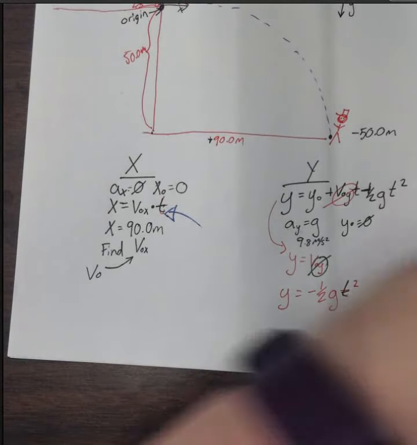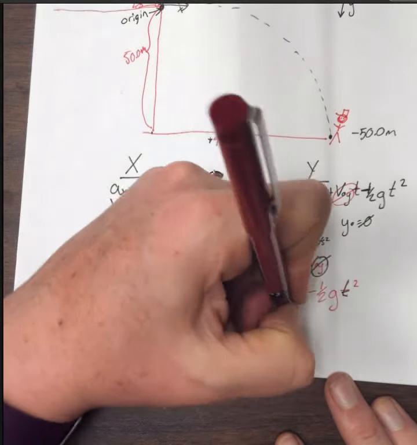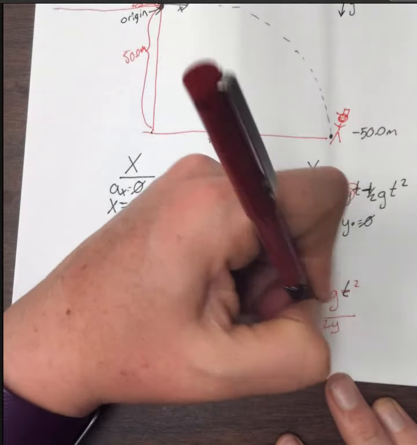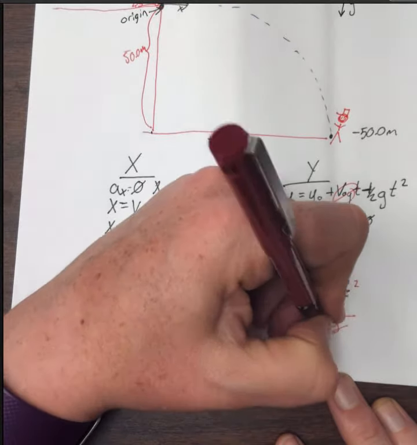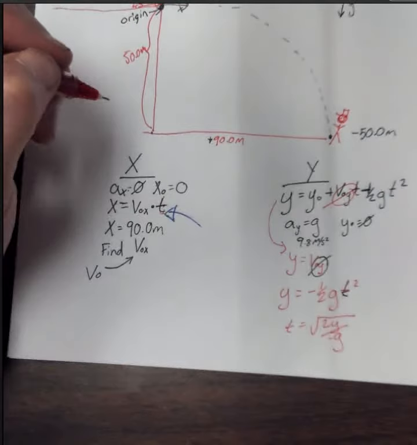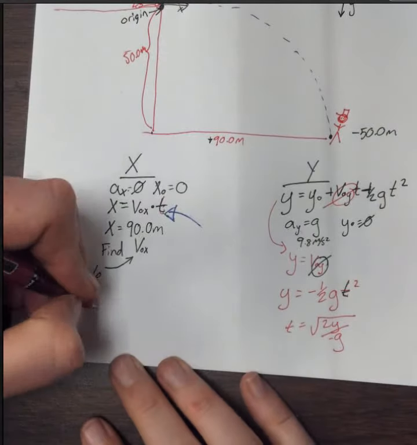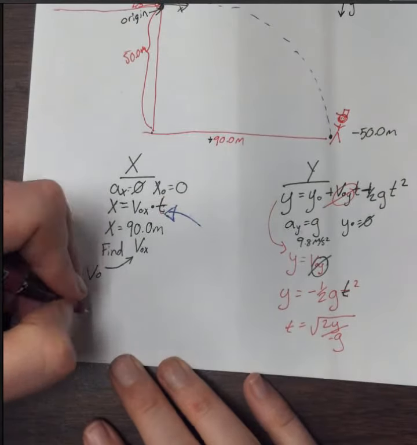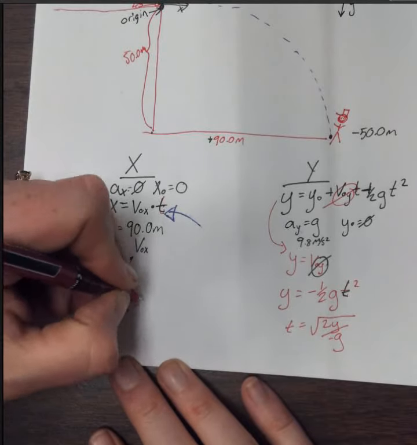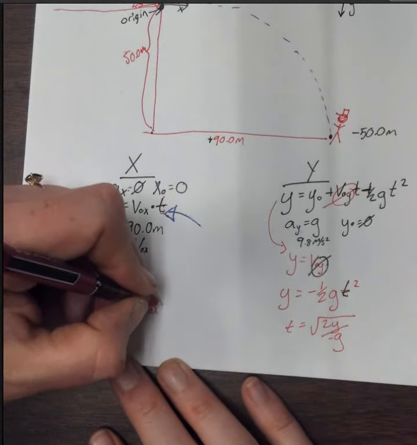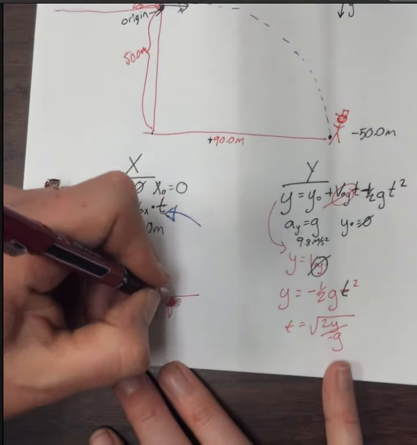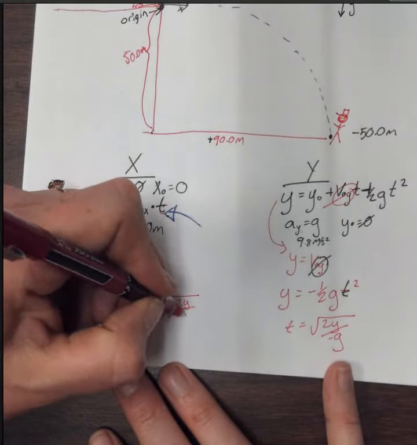So, solving this, we know that time is going to equal the square root of 2y over a negative g. And I can plug that in over here because I have the equation 90.0 meters is going to equal v naught x times t, which t is the square root of 2y over negative g.